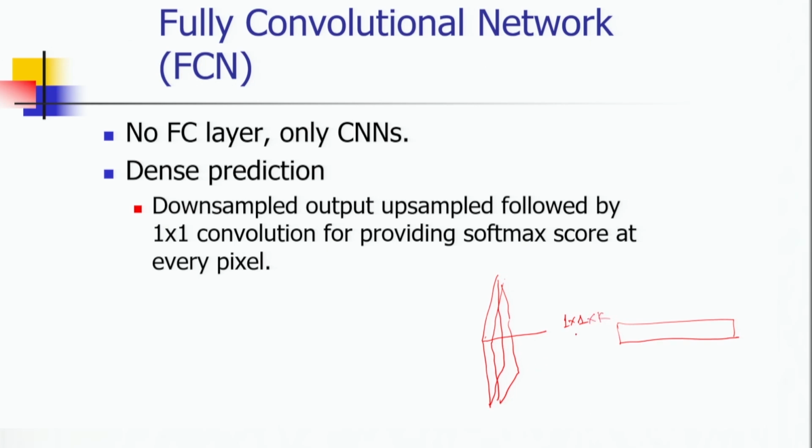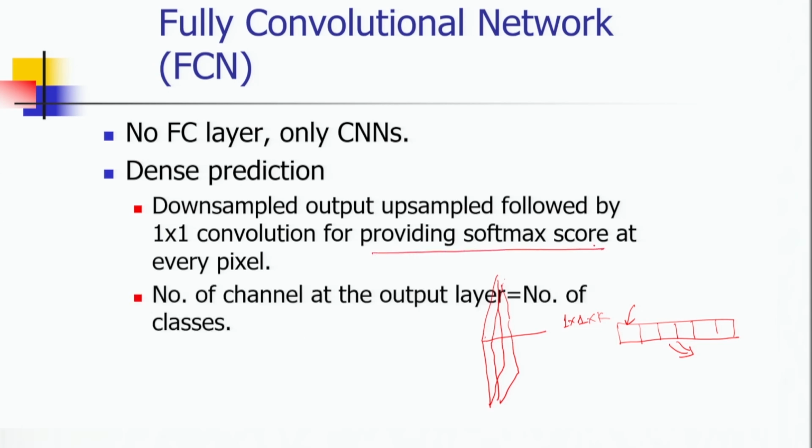That means each one is a 1x1 filter with k channels, and each one will give you some values, and this can be converted into a softmax probability, and each channel corresponds to a prediction for a particular class. So that is how the semantics are associated with the pixel, and this is what is meant by providing a softmax code at every pixel.